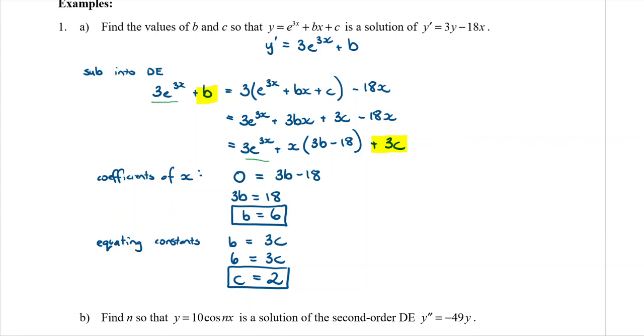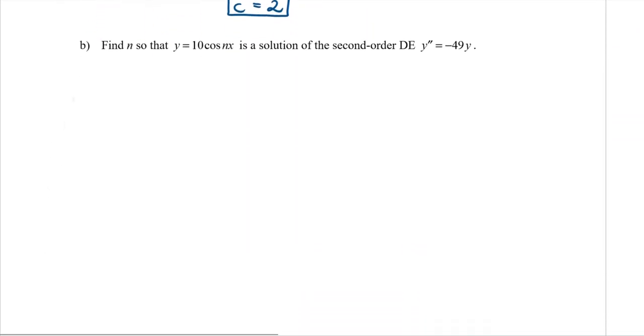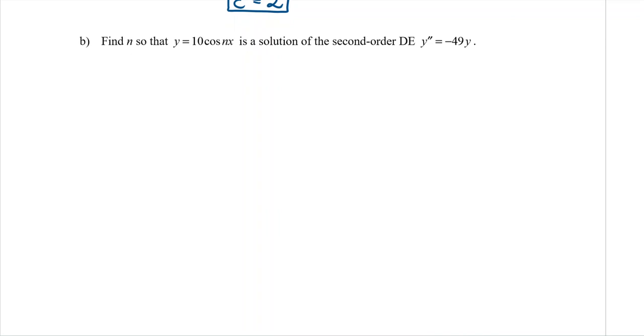Okay. Part B. Find n so that y equals 10 cos nx is a solution of the second order differential equation y double dash equals minus 49x. So same kind of approach. From y equals 10 cos nx, I need to find the second derivative.